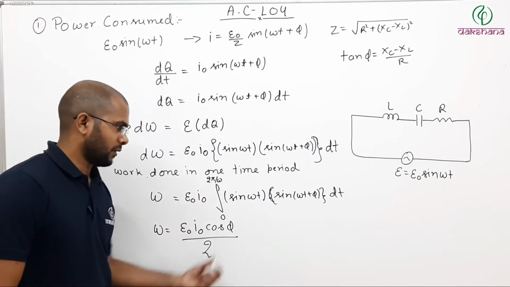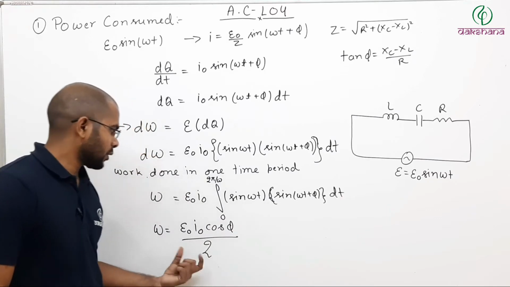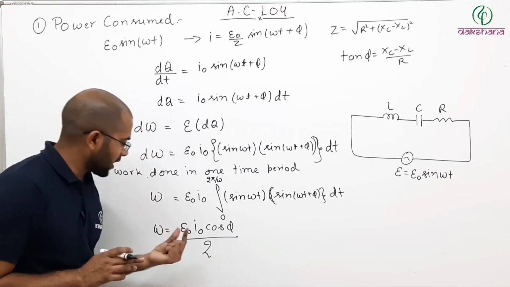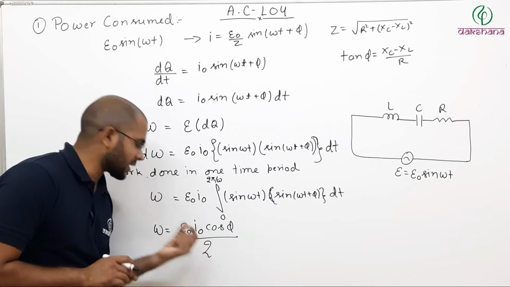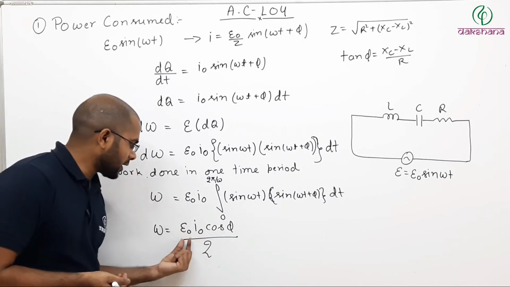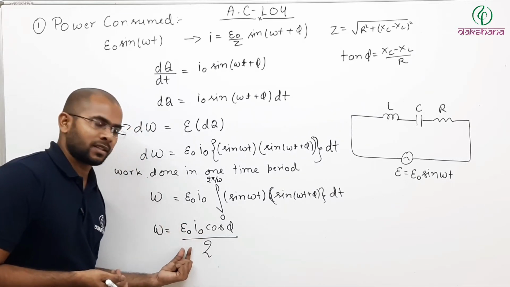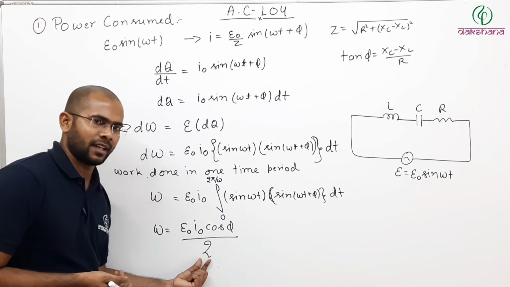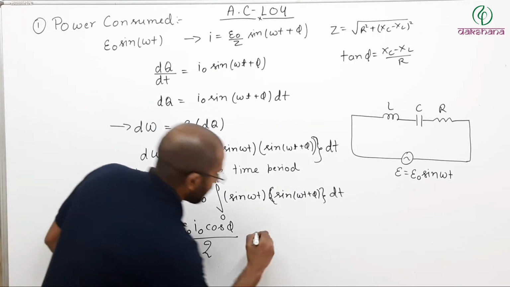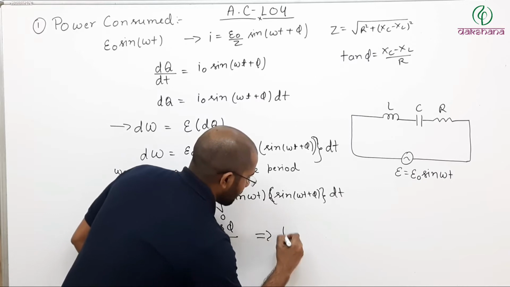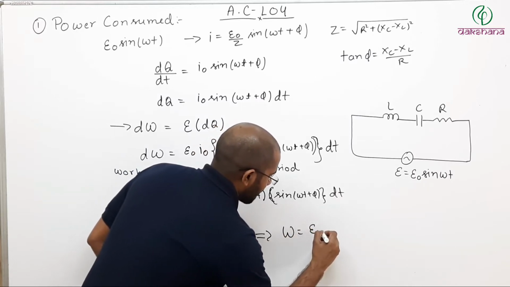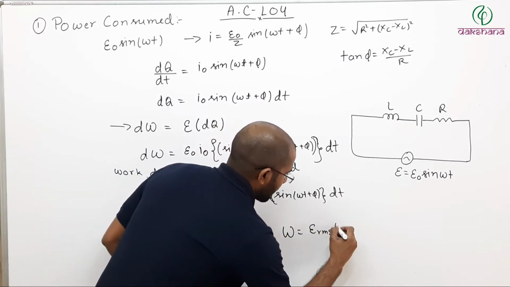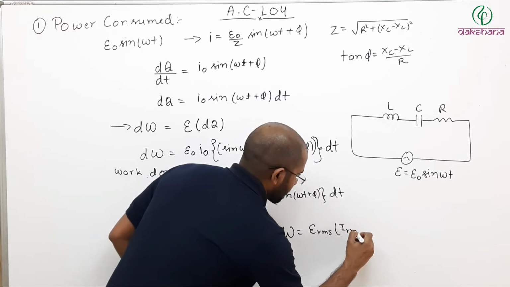If you pay attention, here it is E naught, and here it is I naught. So E naught divided by root 2 is ERMS. I naught by root 2 is IRMS. So this equation may also be written as work done is nothing but ERMS times IRMS.